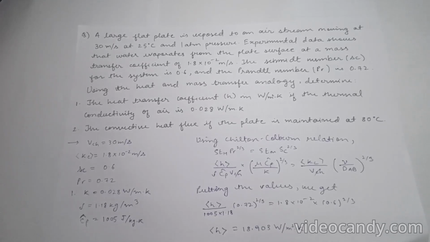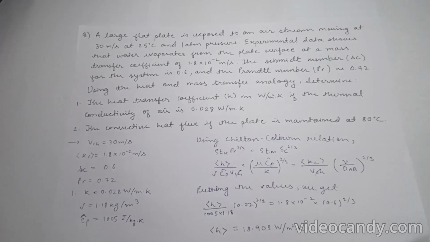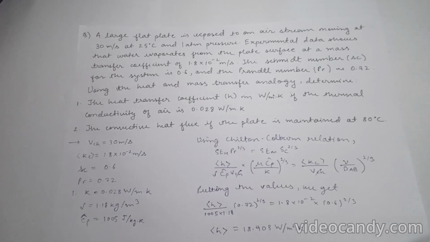The Prandtl number is given as viscosity into heat capacity upon thermal conductivity, whole to the power 2 by 3, which is equal to the Stanton number of mass transfer, which is given as the average mass transfer coefficient upon characteristic velocity, into the Schmidt number, which is given as kinematic viscosity upon diffusion coefficient, whole to the power 2 by 3.